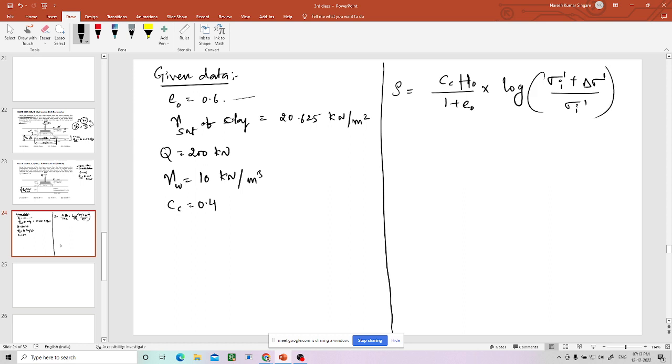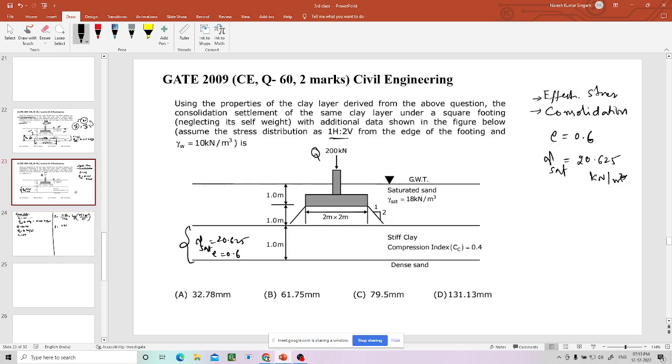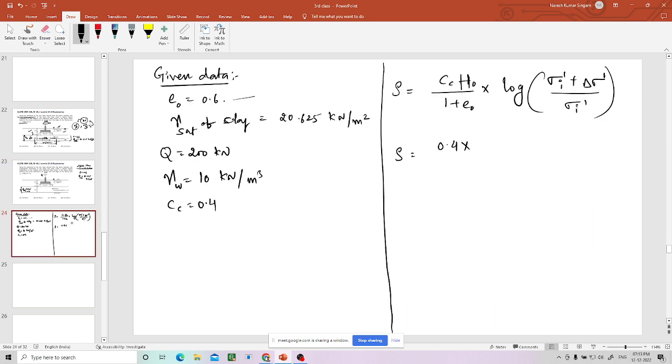So now just substitute Cc as 0.4. H naught is the initial height of the clay. Here you have to take this clay height. Clay height is 1 meter, right? 1 meter divided by 1 plus 0.6, log of initial stress plus extra stress, that we have to calculate.